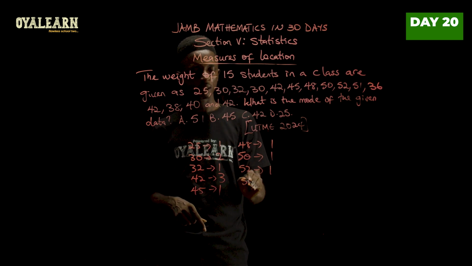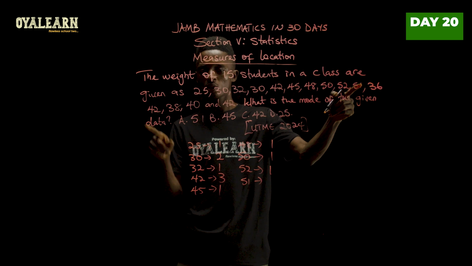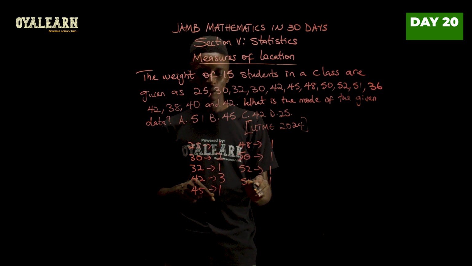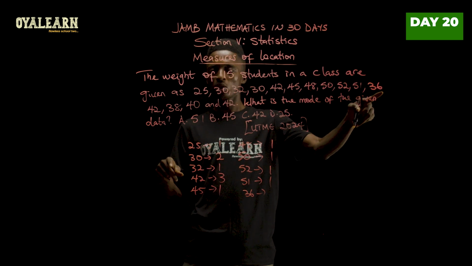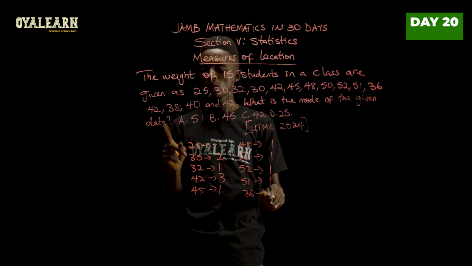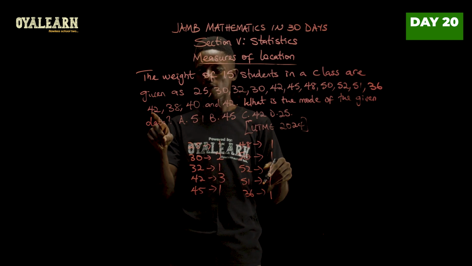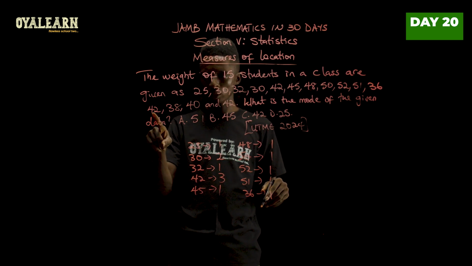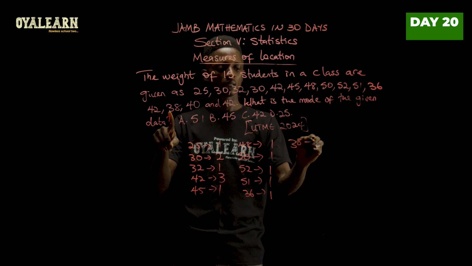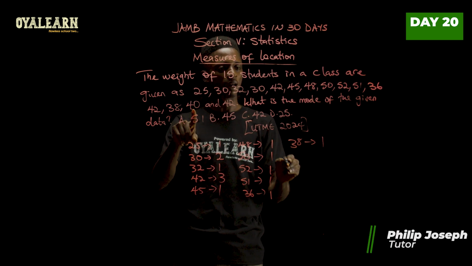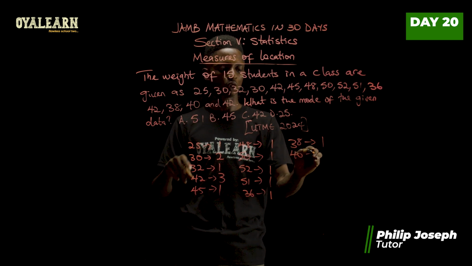There's 51, which occurs once. 36, which occurs once. Now I've counted 48, right? So 38 will be the next number, and that occurs once. And then we have 40 also, which occurs once.